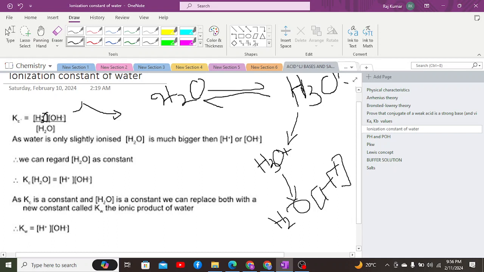Here the value of Kc of water, the equilibrium constant of water, is around 1.8 into 10 to the power minus 16.